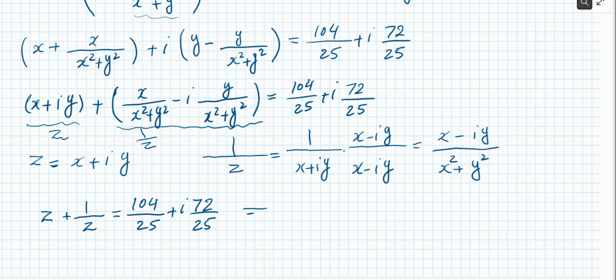So here we have z squared minus (104 plus 72i over 25) z plus 1 equal to 0.